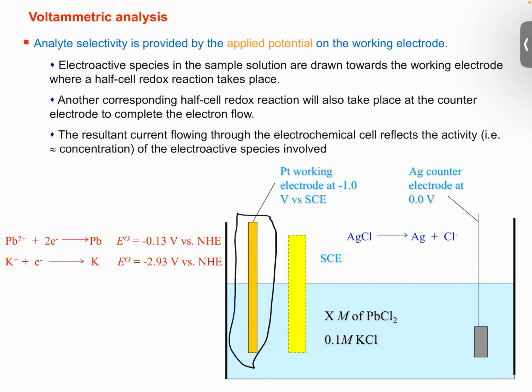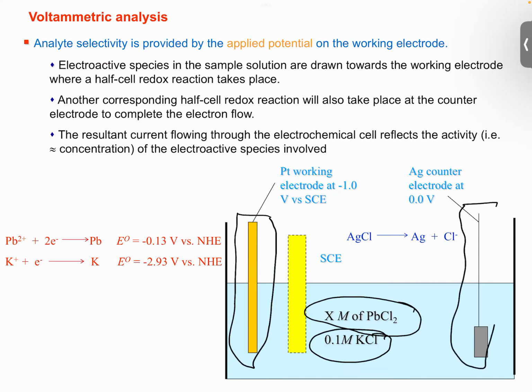The analyte that we have is plumbum chloride, and we have a supporting electrolyte of potassium chloride. Then we have the counter electrode, a silver counter electrode, and of course the reference electrode.